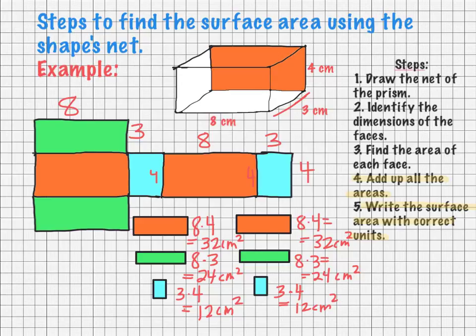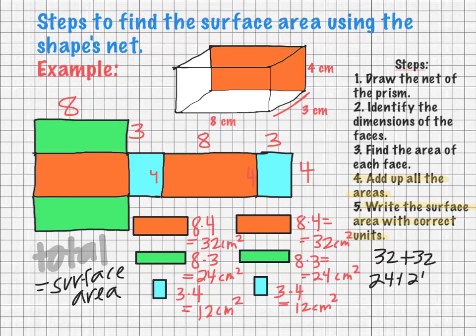To figure out the surface area, we need to total up all the areas. So the total is going to equal your surface area. 32 plus 32, 24 plus 24, and 12 plus 12 equals 64, 48, 24.